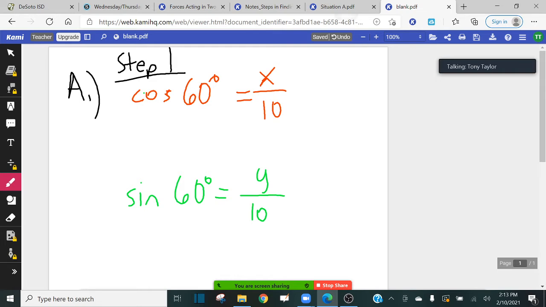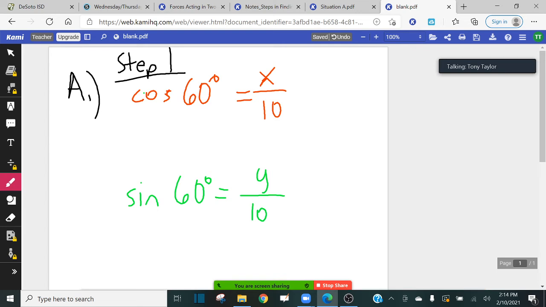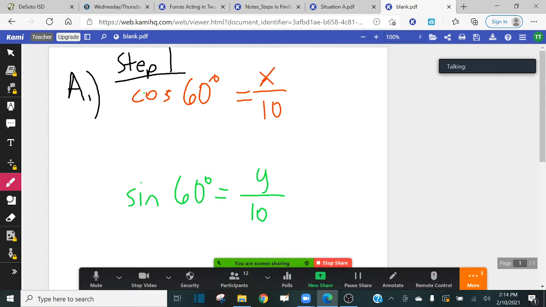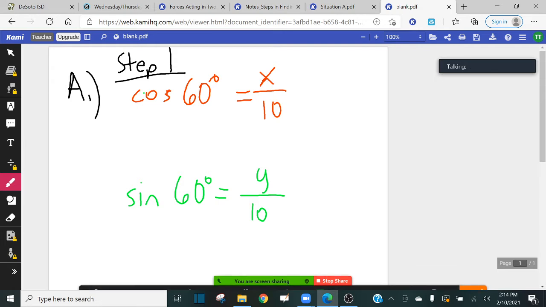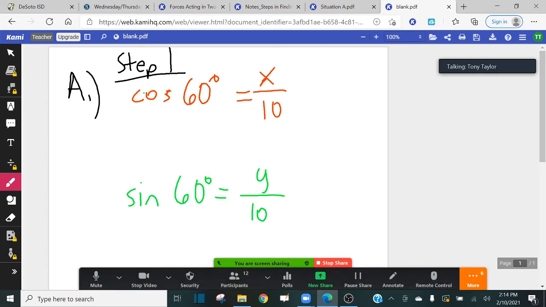Can someone tell me what you get when you solve for x and when you solve for y? Stephanie, you said the x component is 5, and then what is the y component? Y'all should know how to solve these equations.